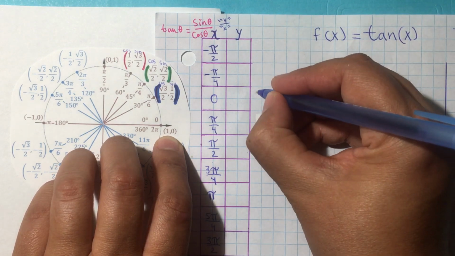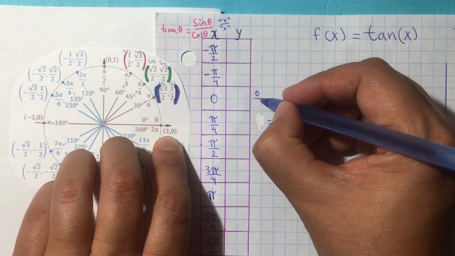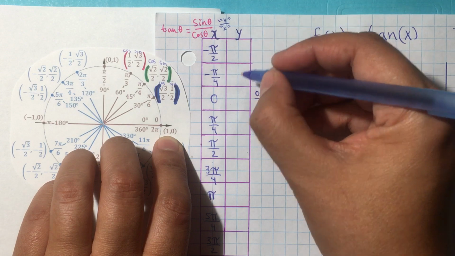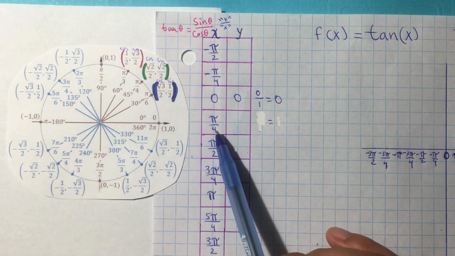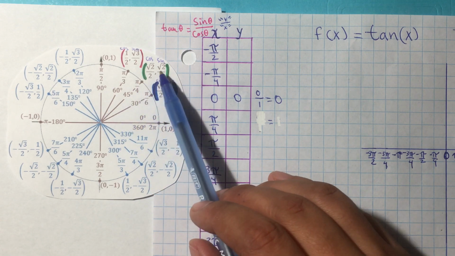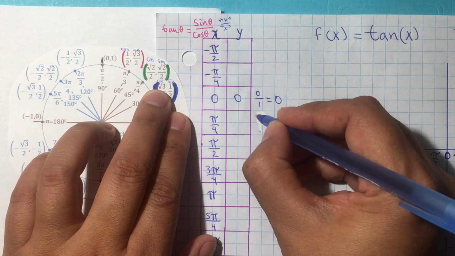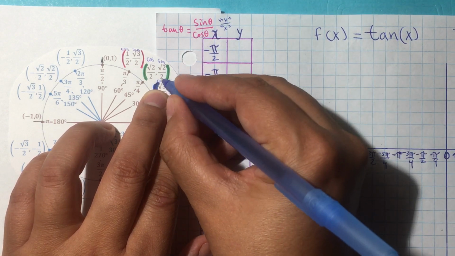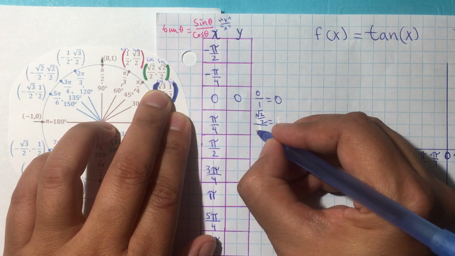I wrote it down there: 0 divided by 1 equals 0. So the value for y is going to be 0. For the next one, pi over 4, it's right here, and it's sine over cosine. In this case, both are the same. So it's going to be square root of 2 over 2 divided by square root of 2 over 2.